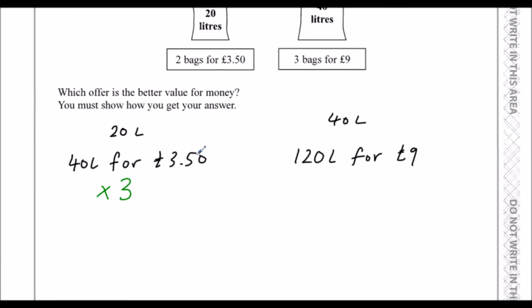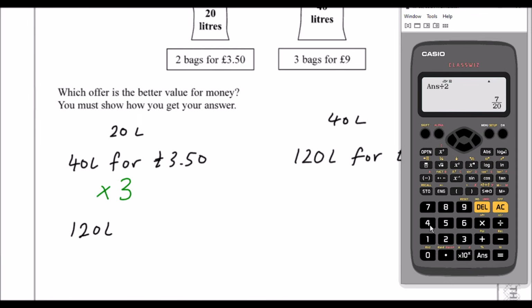So if I buy this 3 times, we'll have 120 litres, because 40 times 3 is 120, and that will cost £3.50 times 3, which is £10.50.